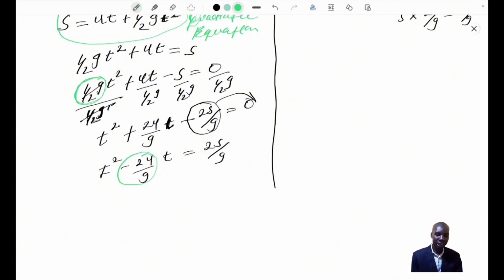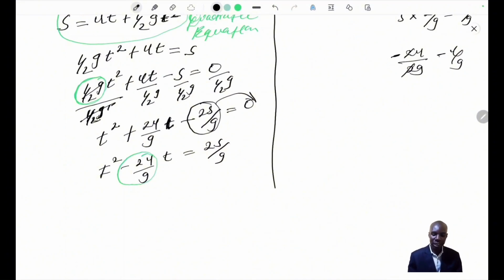What we are doing is making the left-hand side a perfect square. So this is what we are going to have. A half of the coefficient of t will be minus 2u over 2g, which is minus u over g. We have gotten a half of the coefficient of t.